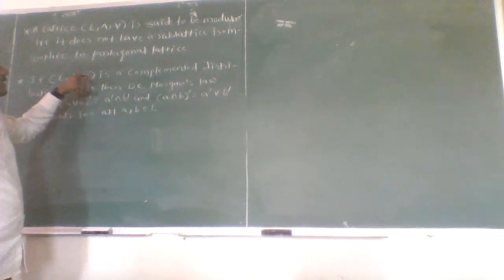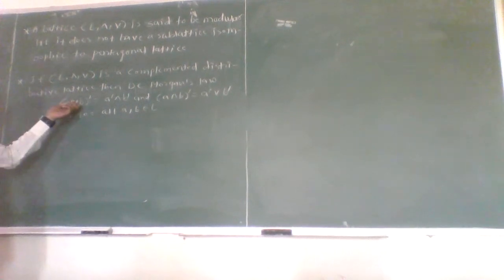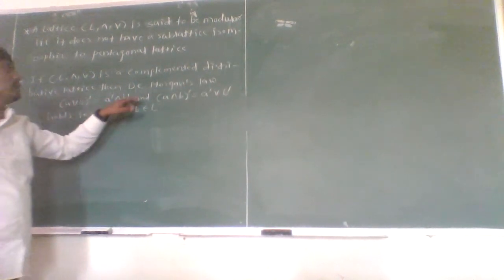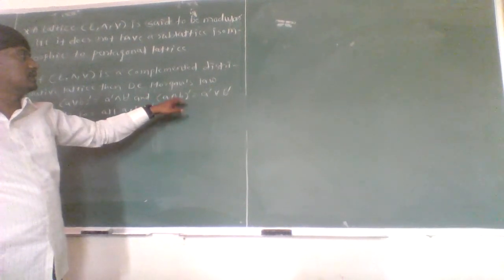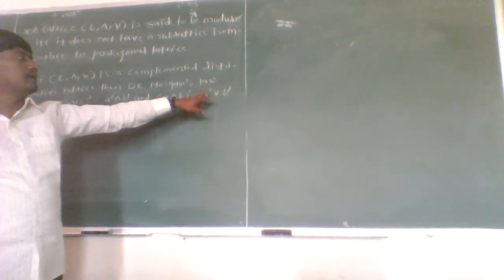So if your given lattice L is a complemented distributive lattice, then we have to show that in the corresponding lattice the De Morgan's laws hold, that is, the complement of A join B is A complement meet B complement, and the complement of A meet B is A complement join B complement. These two conditions we have to prove.